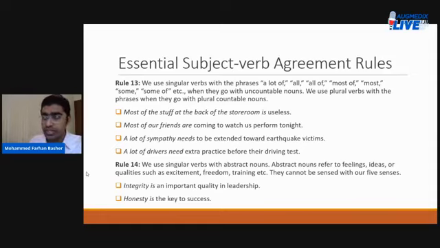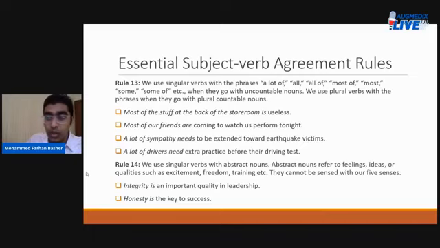So you see, when we use these phrases with uncountable nouns, the verbs that follow these phrases along with uncountable nouns must be singular in form as well. However, if these phrases are used with plural countable nouns, then in that case, of course, the verbs will be in their plural form, such as, let's take a look at the examples.